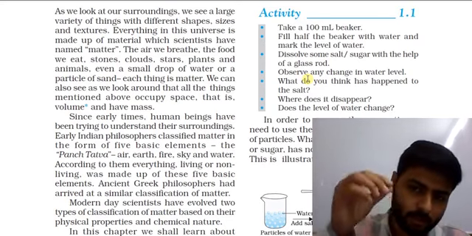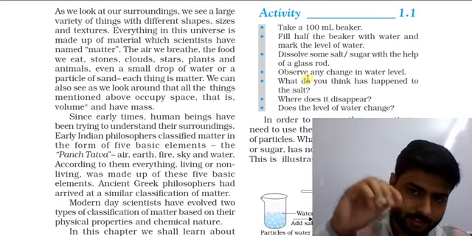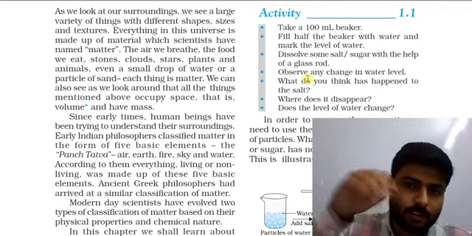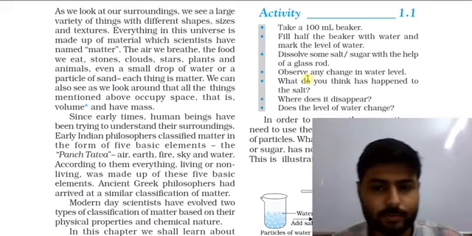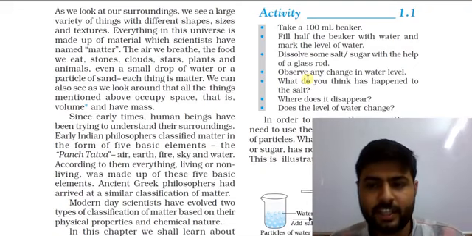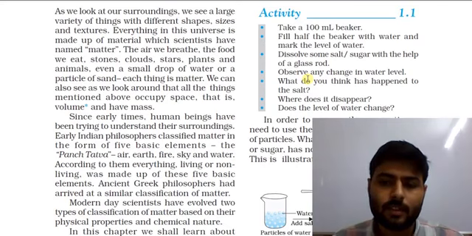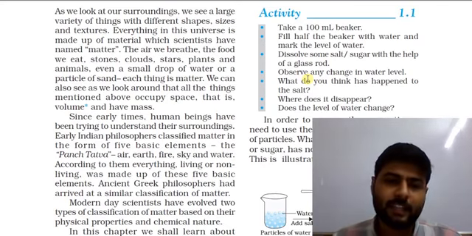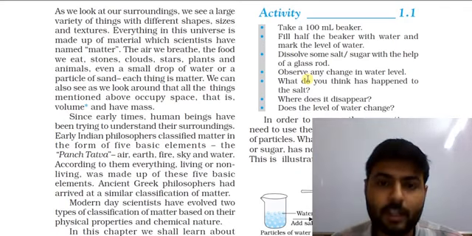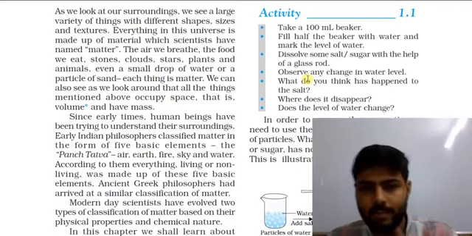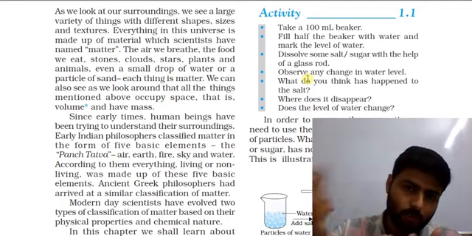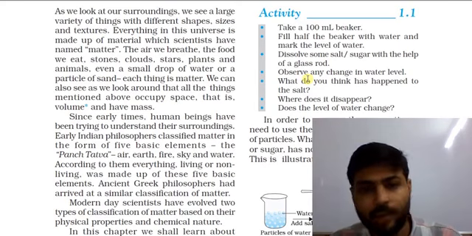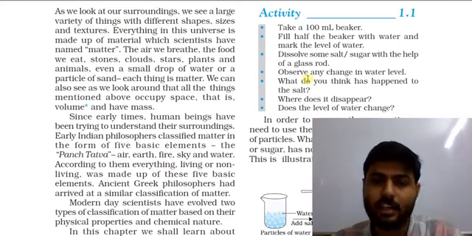Now dissolve salt or sugar in this water and stir it with a glass rod. Observe any change in water level. By experiment we can say that there is no change in water level, even though we added one thing to another.